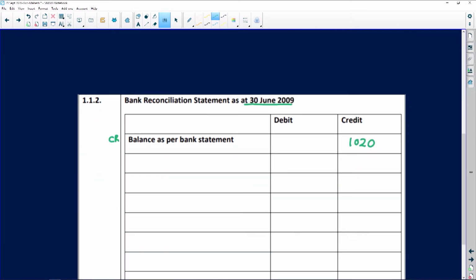So remember, in the bank reconciliation statement, here you're going to record items that the bank has not taken into account, has not recorded. Okay, so remember, a deposit will appear on the credit side of the bank statement.